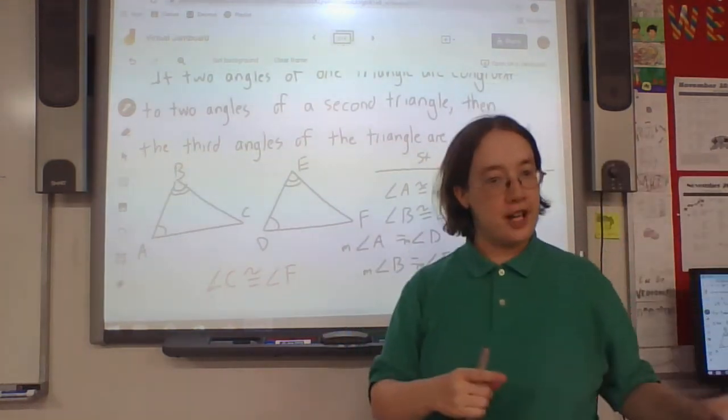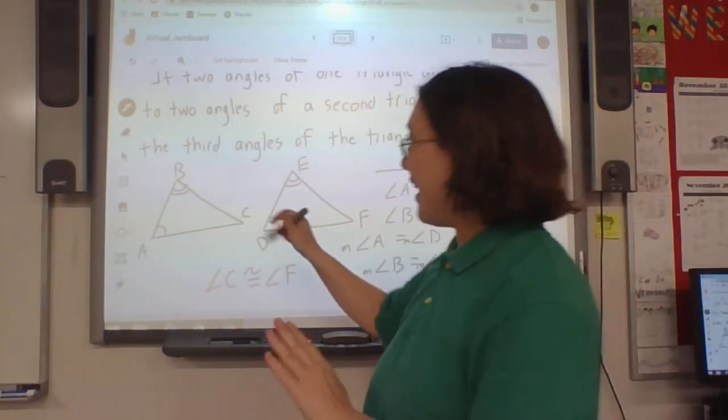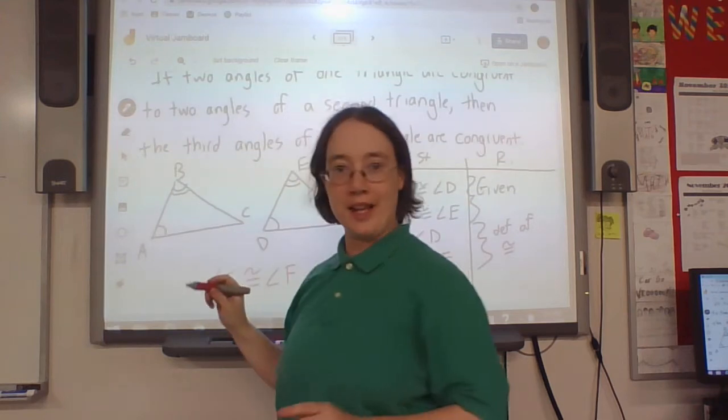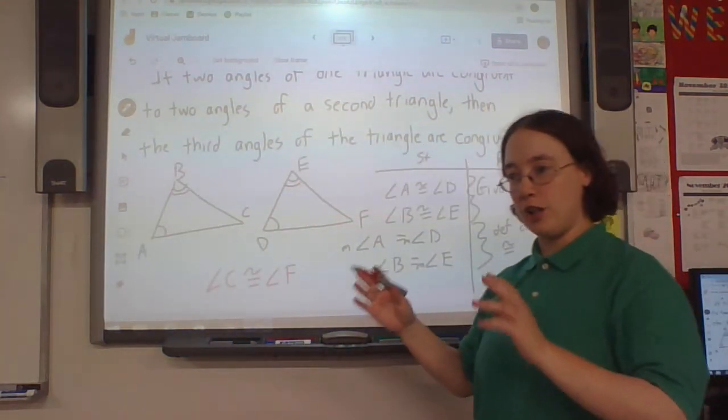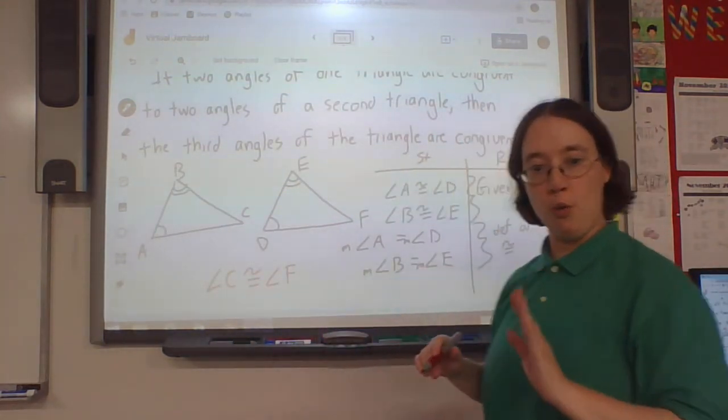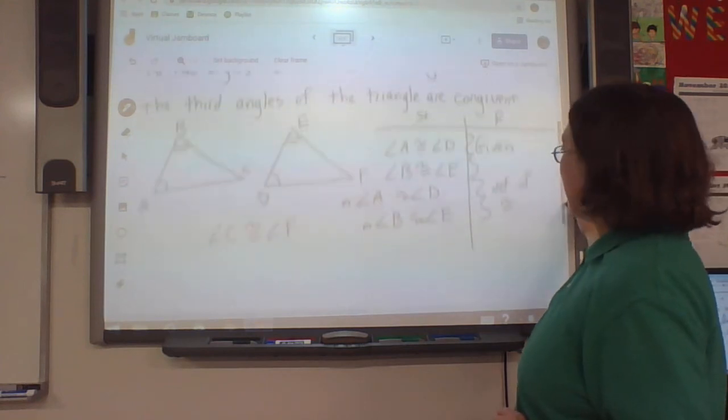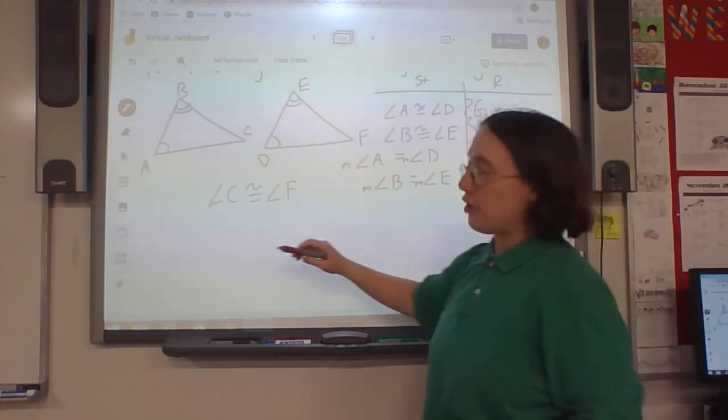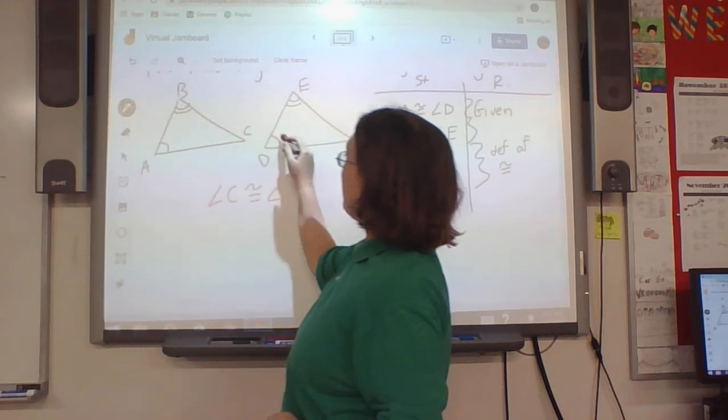Now, yesterday we said that if we have angles in a triangle, our triangle angle sum theorem means all of our angles are going to add up to 180. So that's a thing we can use here. So we can use that over here, and we can use that over here.